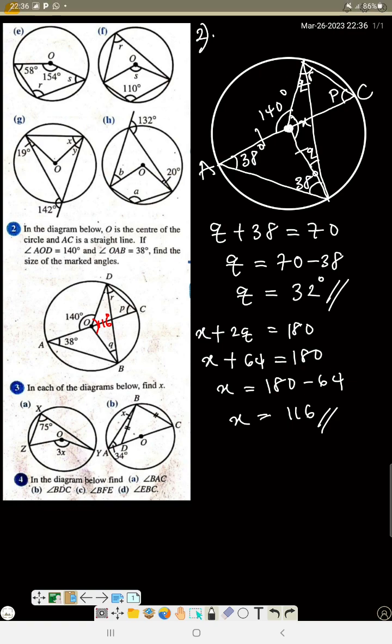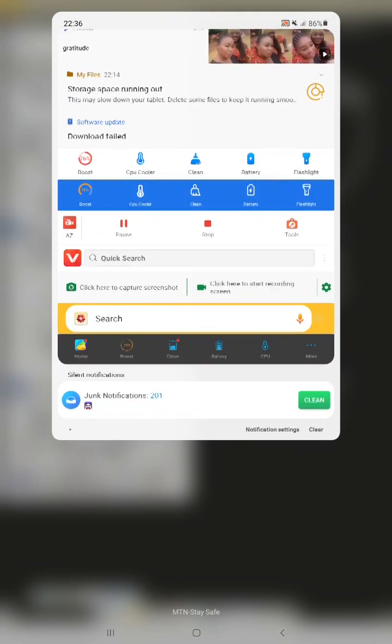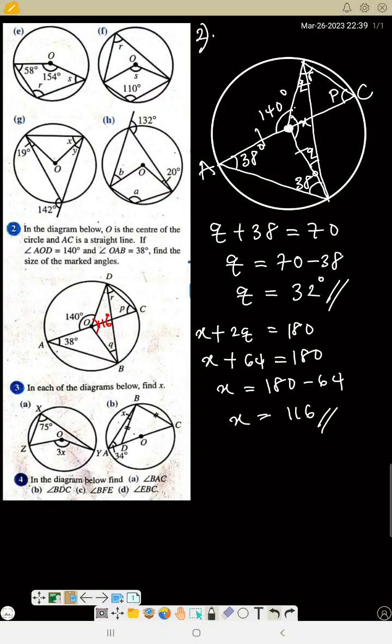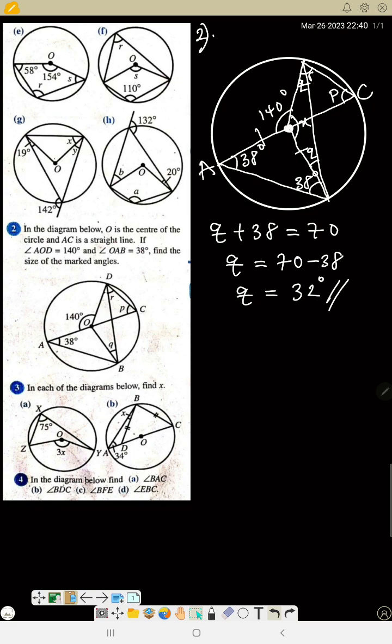So now I can actually see a straight line here. An angle on a straight line is 180 degrees. So let me use that, because that will give us the answer easily.